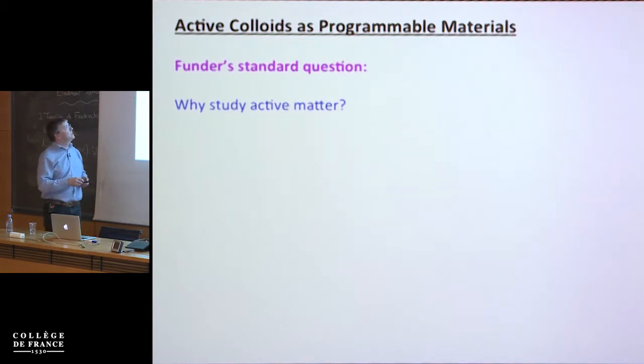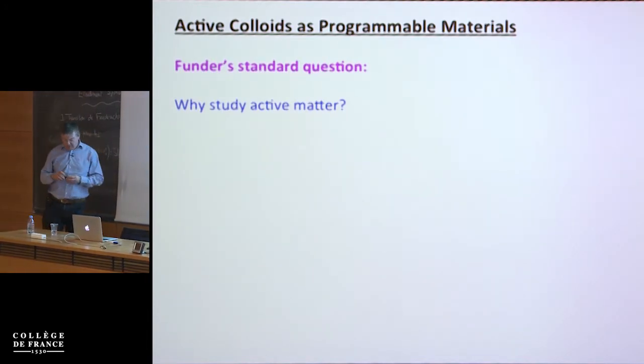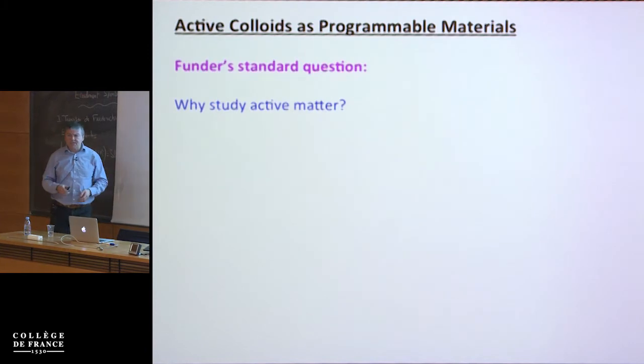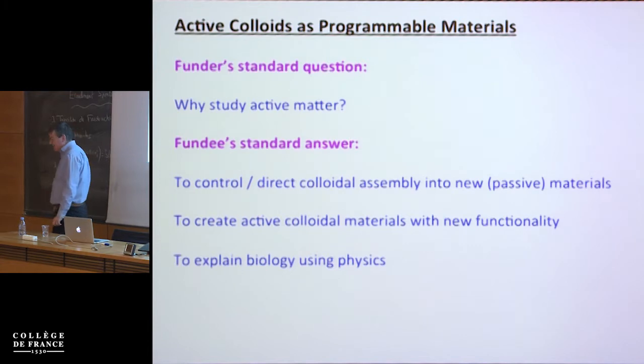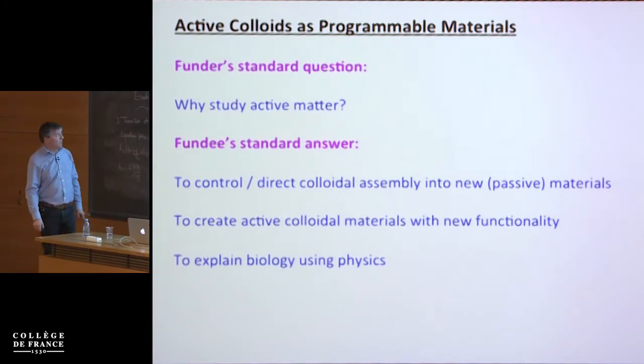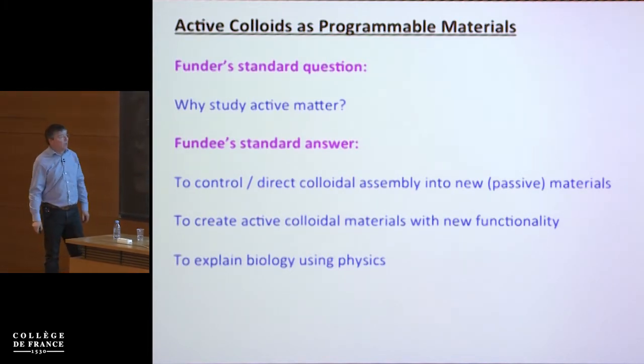So a standard question for those who have to write grant proposals is, why are we studying these materials, active systems? And one of the standard answers is, or several, as listed here.